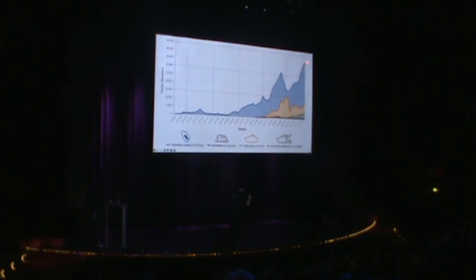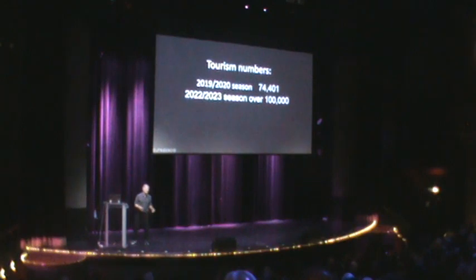So it's got up to about 40,000 shipborne tourists, and then there's a few others there, so about 50,000 tourists visiting Antarctica in 2017. The two latest seasons for which I have numbers: 2019-20 went up to 74,500. Then there was a dip, obviously, with COVID. And then 2022-23, well over 100,000 tourists visited Antarctica.